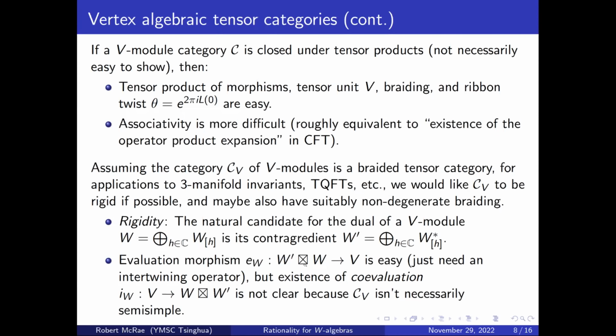Based on the universal property, you then get a map. You also need a co-evaluation map going the other way from V to the tensor product of W and its dual. The existence of a map like this is not so obvious when the category is not semisimple.